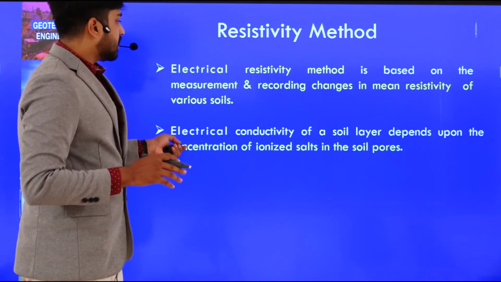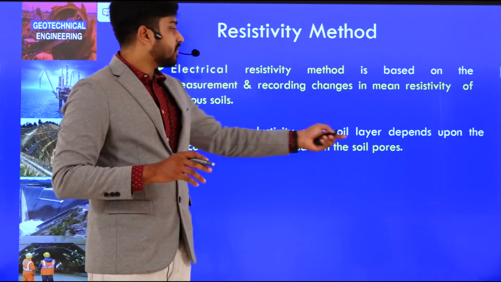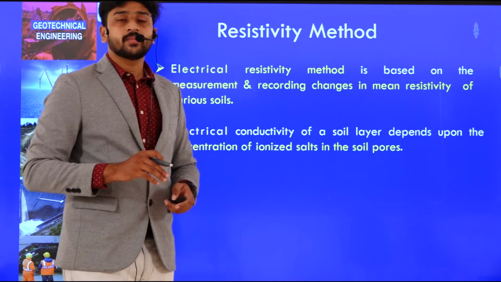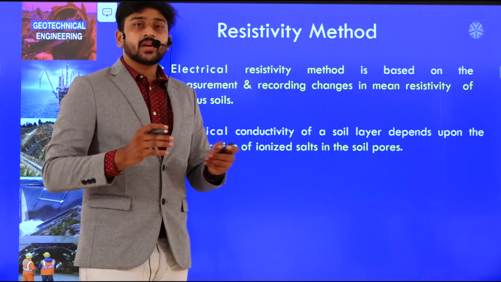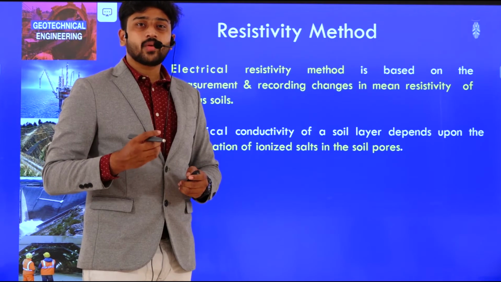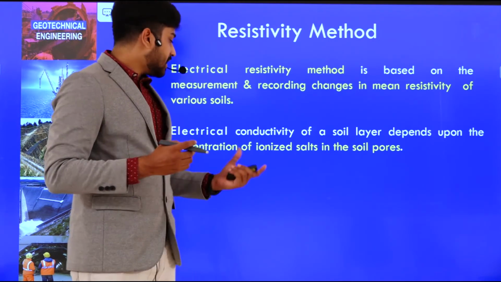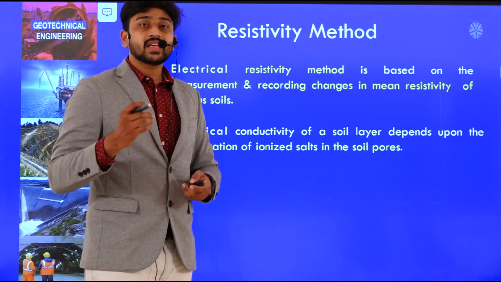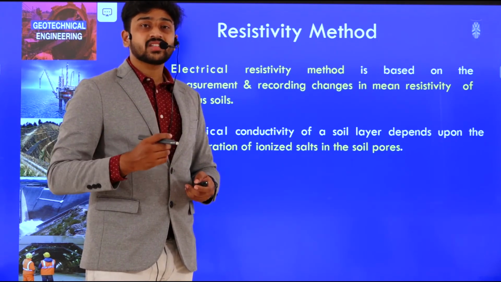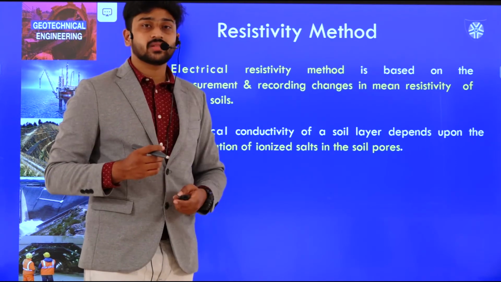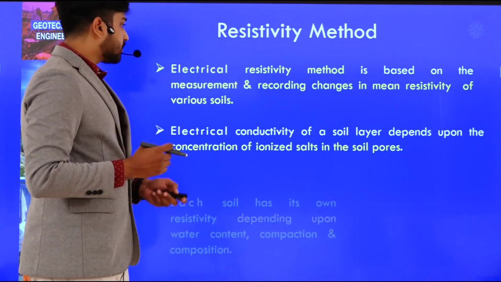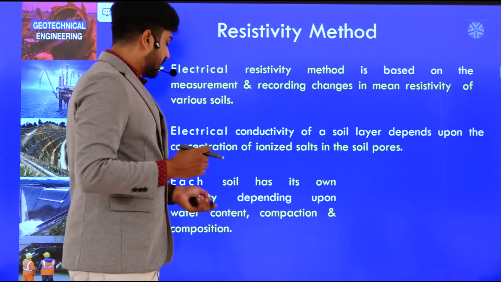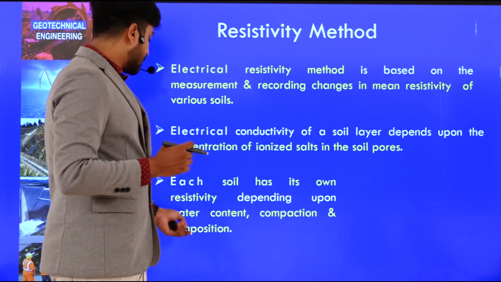Now, the other thing is that the electrical conductivity of the soil layer depends upon the concentration of ionized salts present in the soil pores. That means if there is any particular type of soil, obviously it will have some amount of voids in it. So there may be some amount of these ionized salts present in it. So the amount of current that is passed may get influenced by these ionized salts. Apart from that, each soil has its own resistivity, depending upon the water content, compaction and composition.